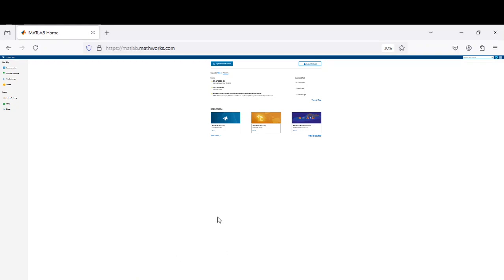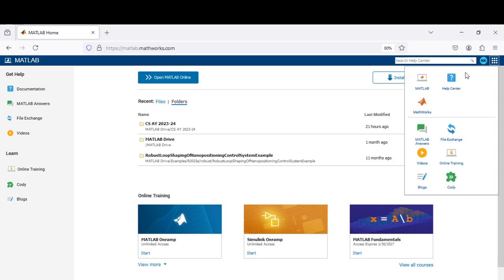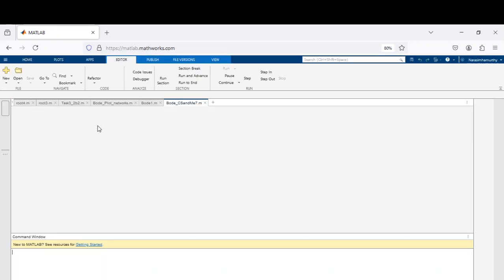So what I'll do is I'll go here, okay, this MATLAB, I will use my earlier code. Let me edit this. So we will be getting this 180 degree and so on.